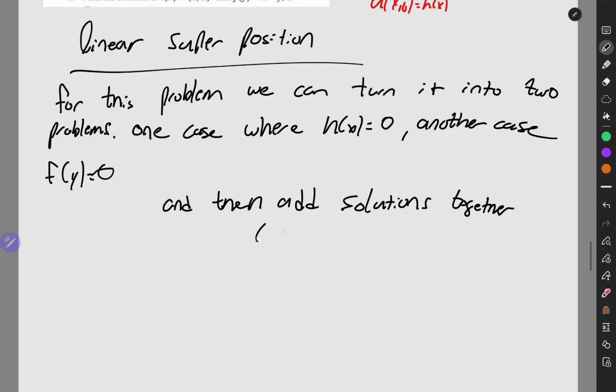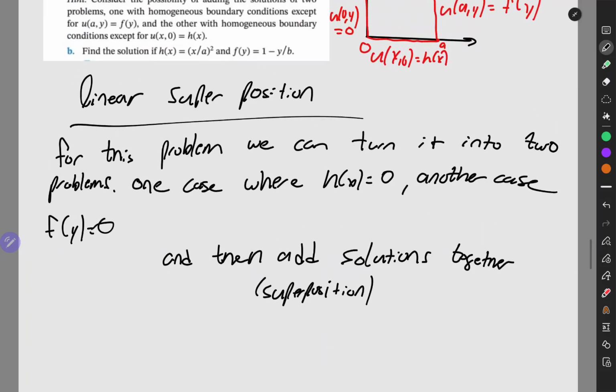That's known as superposition. Before we do this, the reason why we can do this is because the Laplace equation is linear. So far, we've only been looking at linear PDEs, and this is no exception. So we can linearly superimpose the solutions.